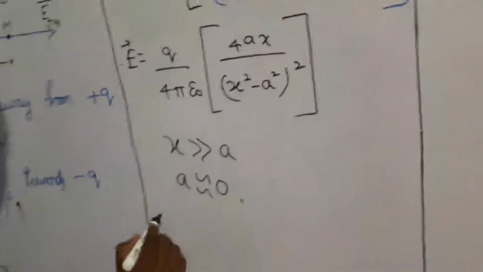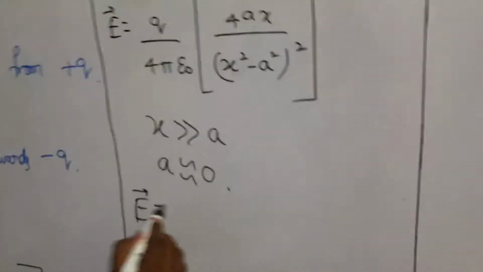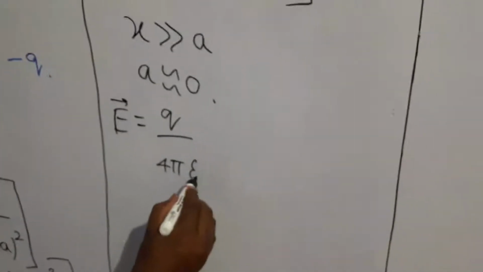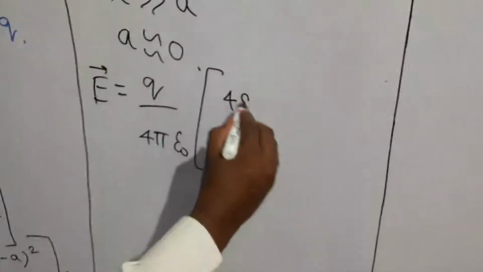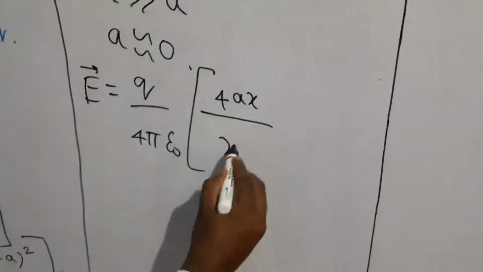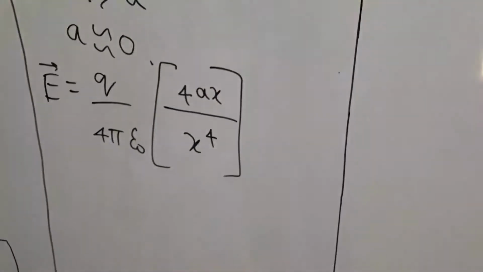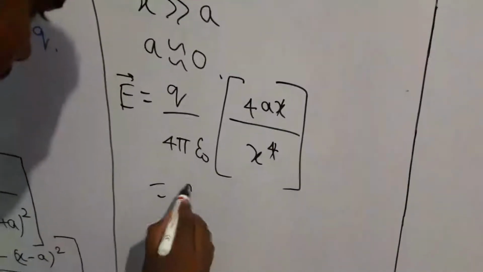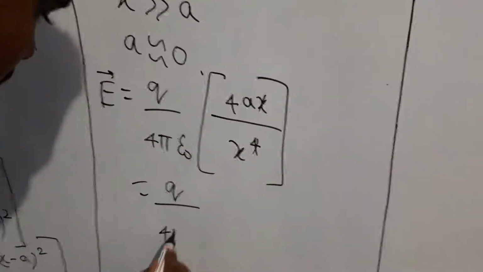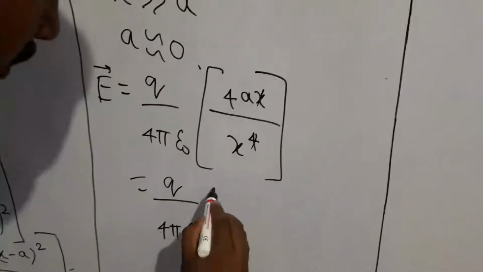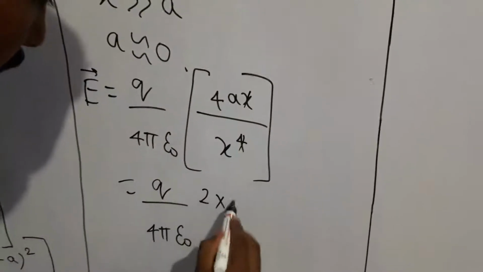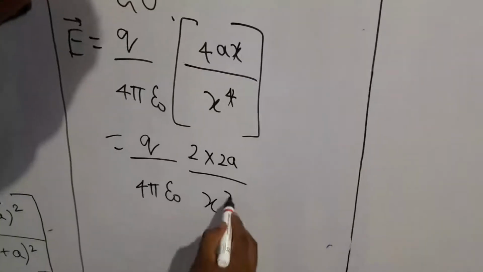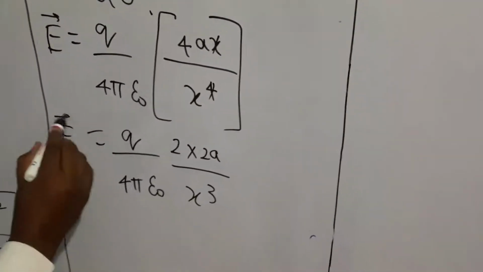Then you substitute there, you will get E vector will be Q by 4 pi epsilon naught, 4ax by x power 4, because here we have taken a as 0. Then x will get cancelled. Then you will get Q by 4 pi epsilon naught, in the place of 4a, I am taking 2 into 2a, by x cube, E vector.